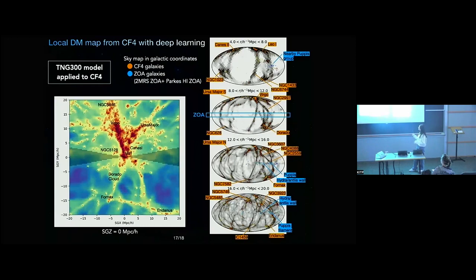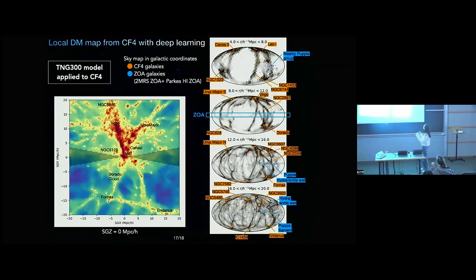And this plot is showing sky maps in galactic coordinates. We are overplotting in orange and red the CosmicFlows-4 galaxies. And in blue, this is what I want you to pay attention to, we are putting galaxies taken from zone of avoidance surveys, these two surveys.